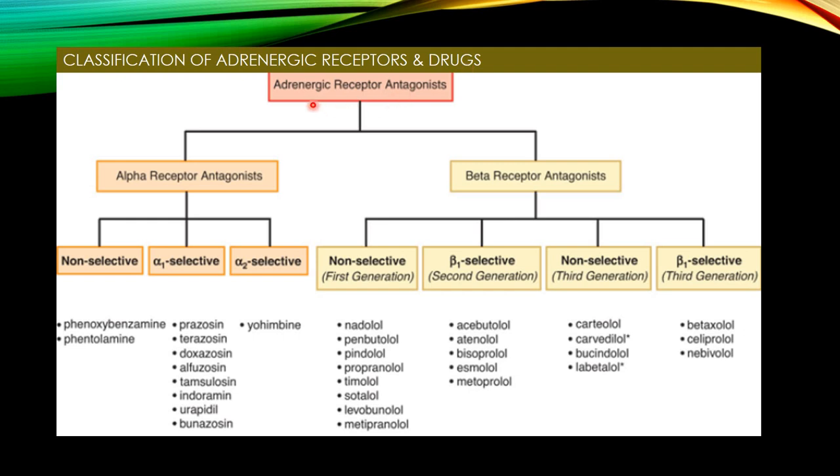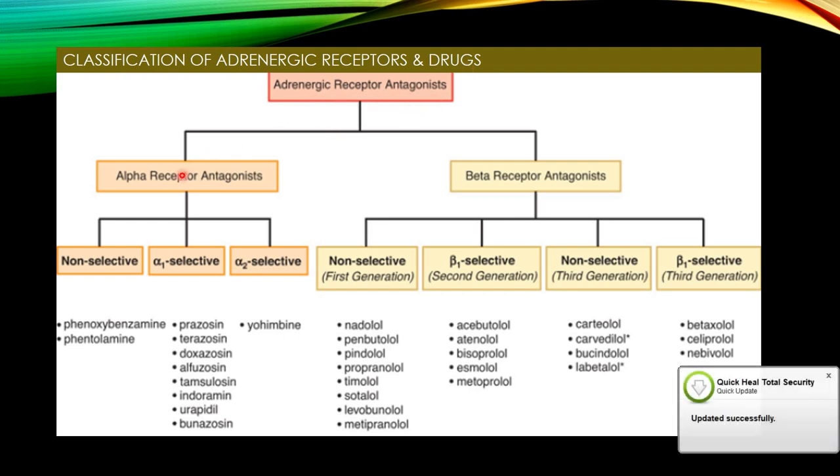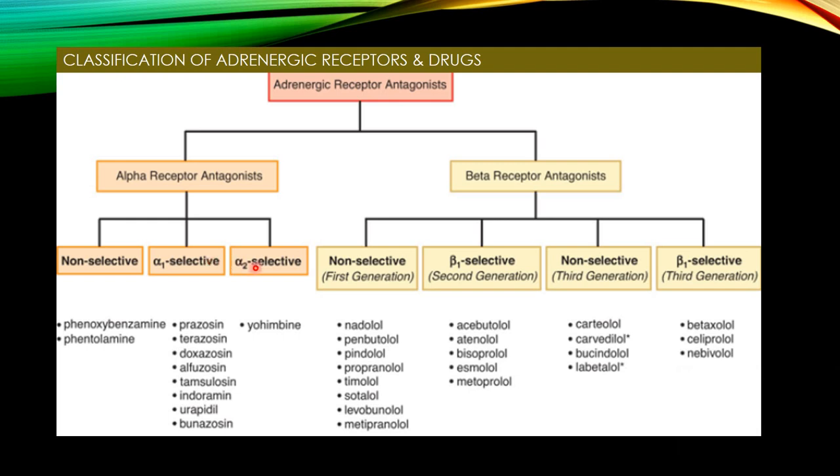Next is the classification of the adrenergic receptors and drugs. So what happens? The adrenergic receptor antagonists are divided into alpha receptor antagonists and beta receptor antagonists. The alpha receptor antagonists are non-selective, alpha 1 selective, alpha 2 selective, and the beta ones are non-selective, beta 1 selective, non-selective third generation, and beta 1 selective third generation.